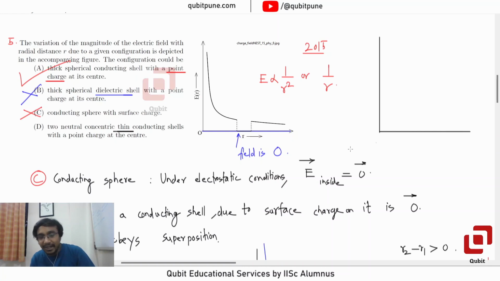That means momentarily the field will go to 0, but not otherwise. So it will be something like this, then a removable discontinuity, like sin x upon x at x equal to 0, and then that journey would continue. Have you understood this? Yes, sir. Yes? Okay.